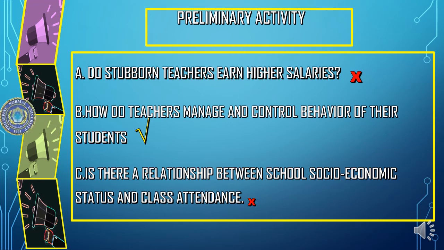And the third example is, of course, an example of quantitative research, because yes, this is quantifiable, finding the significant relationship between the two variables. And of course, our second example is definitely an example of qualitative research. So, very good, teachers, very good.